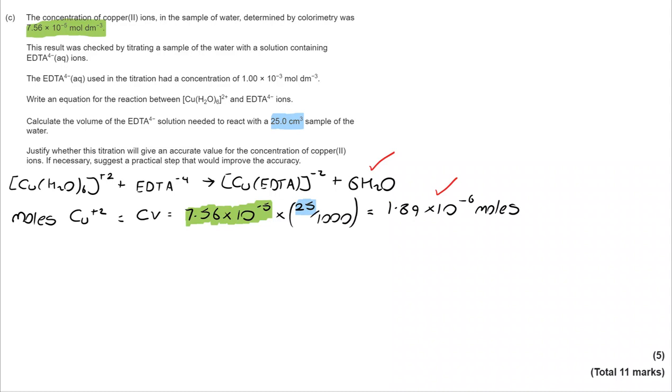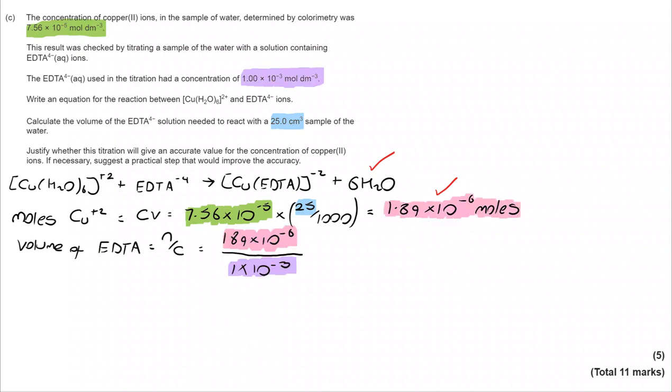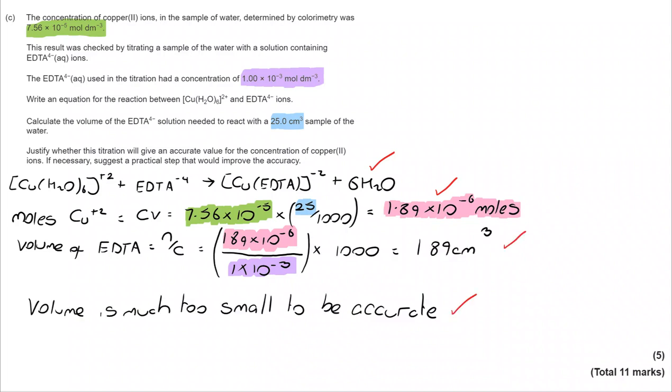And you can see where I've taken the data from upstairs, so the colour coding will direct you to where you're finding the information. Once you've got the moles of Cu2+, you can now use the mole ratio from the equation to see that you now know the moles of EDTA. And so if we know the moles and we know its concentration, that's been provided, we can work out the volume. So we take the volume and we get 189 centimetre cubed.